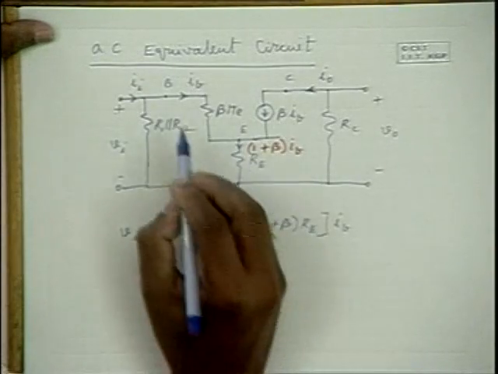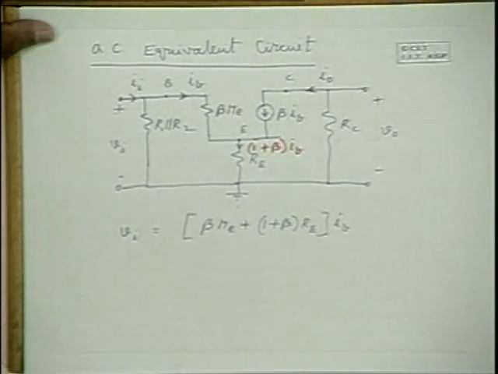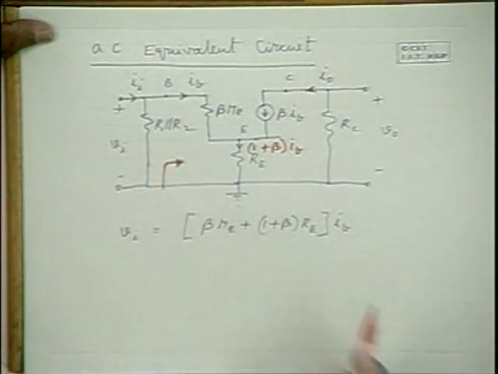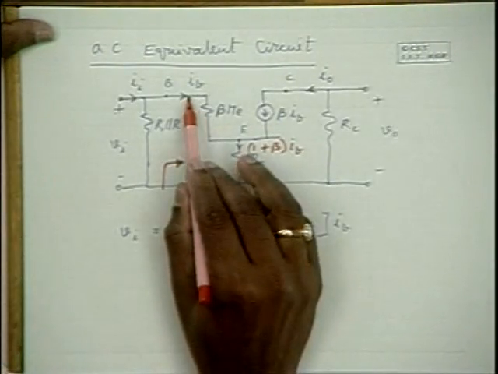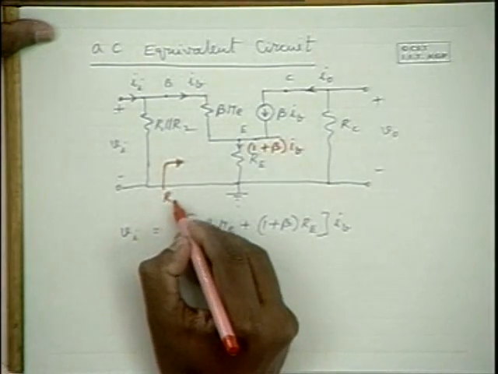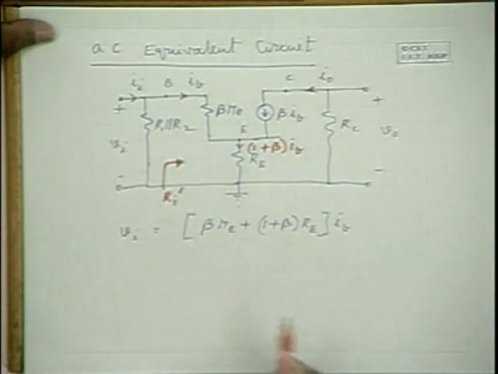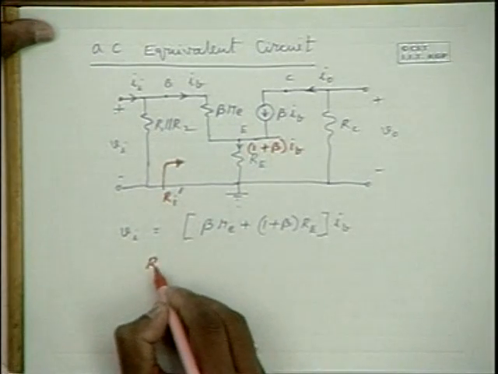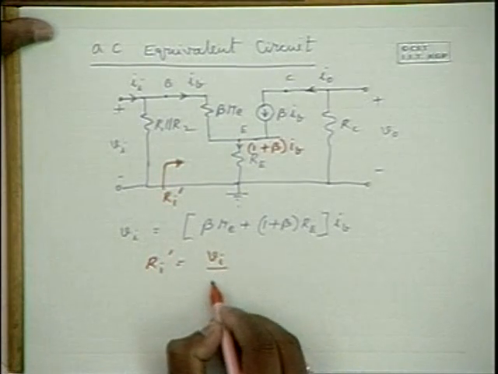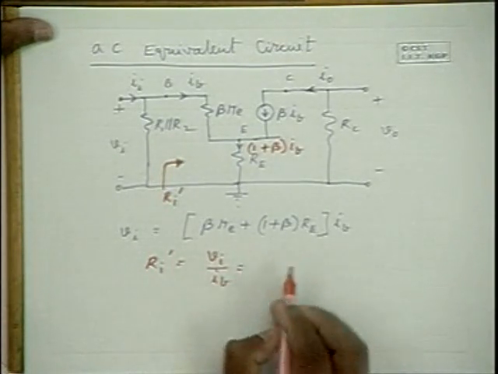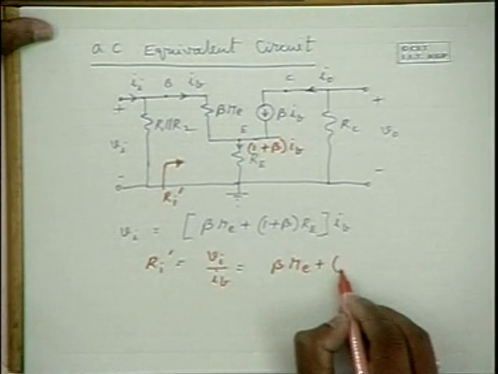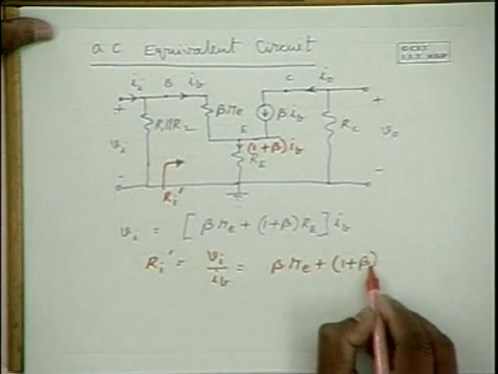Hence, the input impedance between this point and this point is this voltage divided by IB. So here, if you treat this as the input impedance Ri dash, it is equal to Vi divided by IB, and that is equal to beta Re plus 1 plus beta into RE.